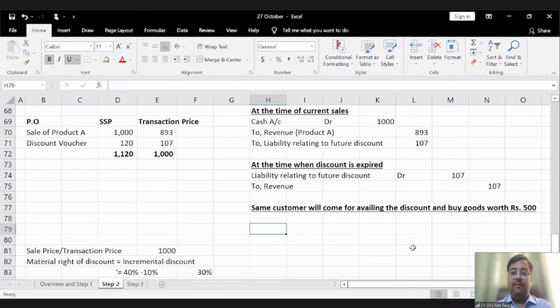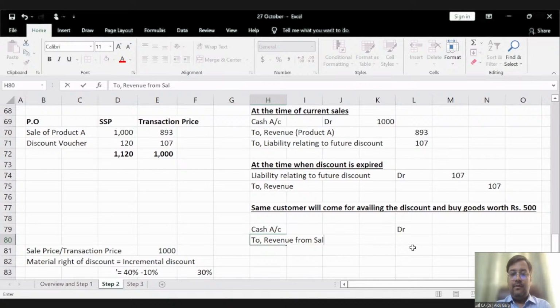Now the accounting entry will be cash account debit to revenue from sales. First of all, cash account will be debited by how much amount?